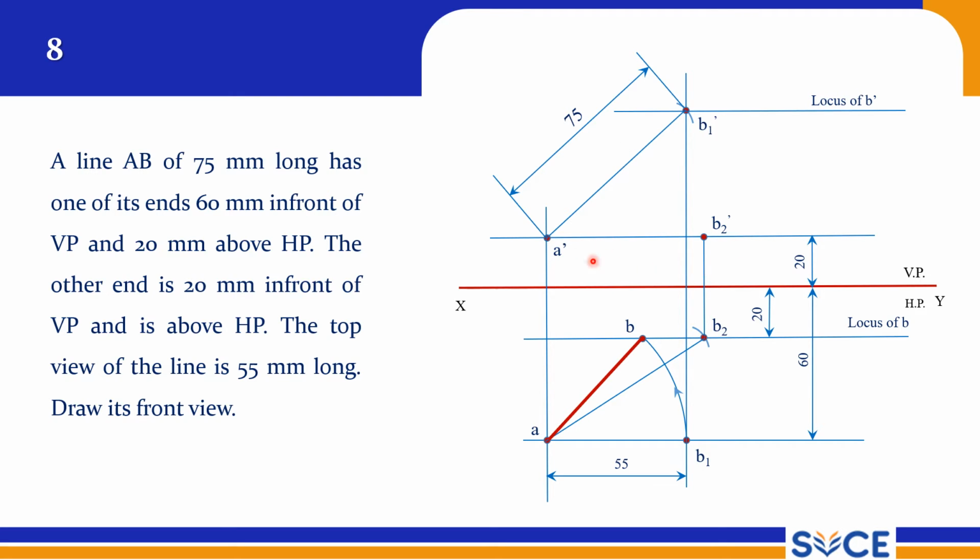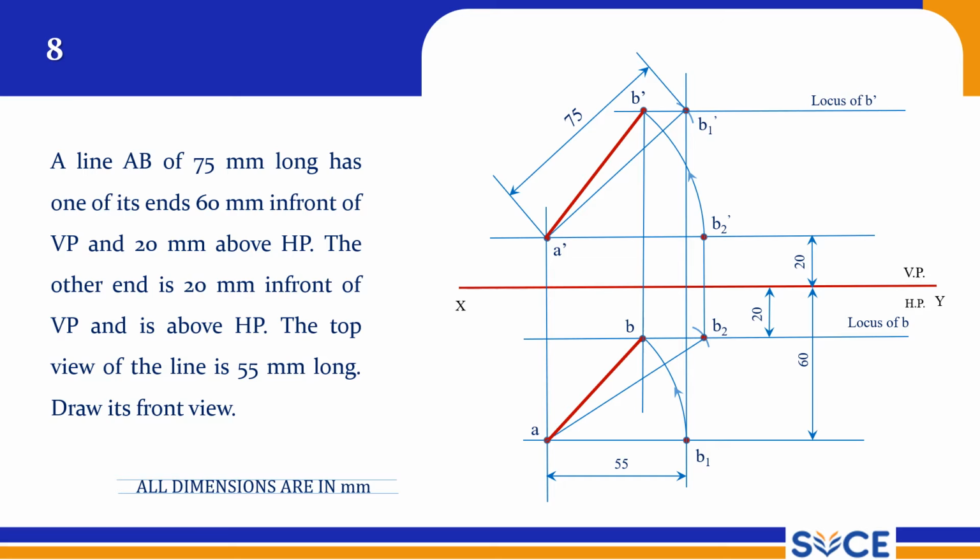Take A dash as center, A dash B2 dash as radius, and rotate till it meets the locus of B dash line. So this is our final front view. You can cross-check this answer: it is exactly lying on this projector. It is perfectly correct.